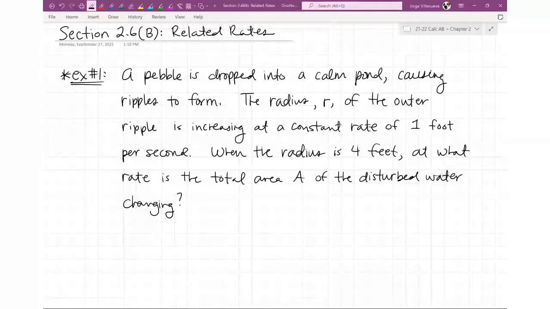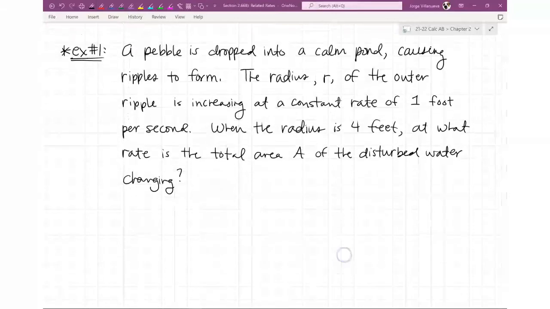So when they say that the radius of the outer ripple is increasing at a rate of 1 foot per second, they mentioned rate. They mentioned 1 foot per second. Now, what does rate mean?